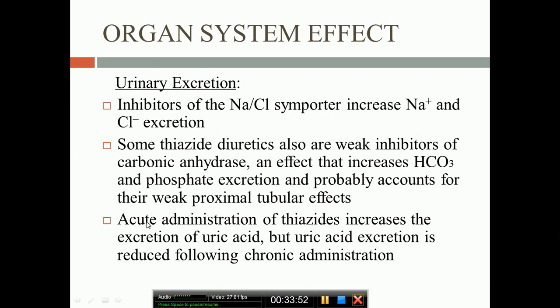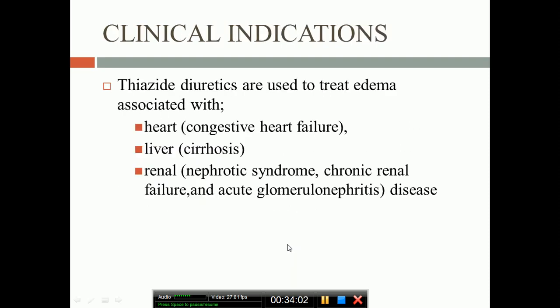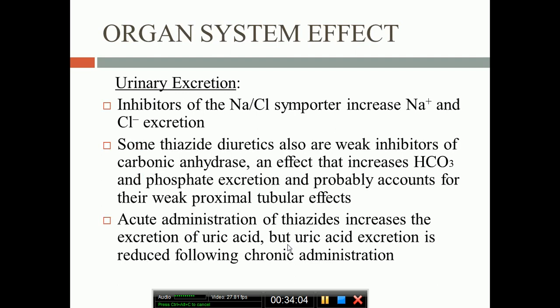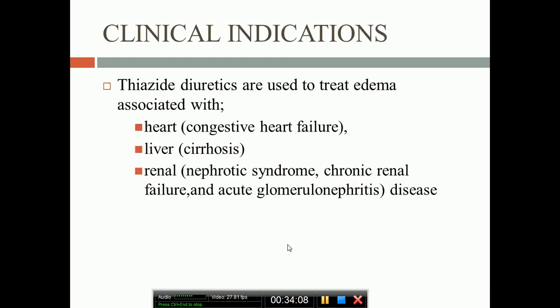Acutely, thiazide diuretics increase excretion of uric acid, but uric acid excretion is reduced following chronic administration. Chronic administration means it is administered for many years or a prolonged time.